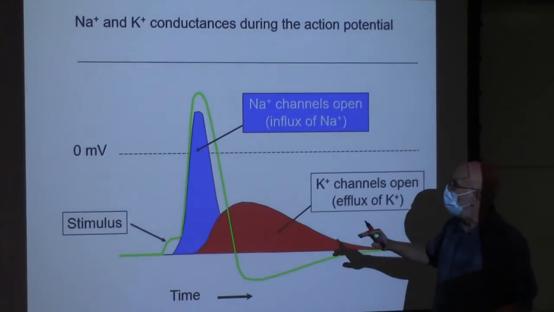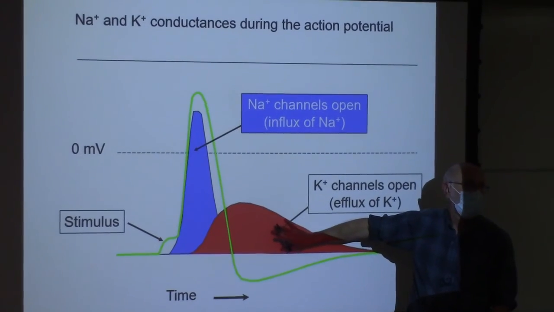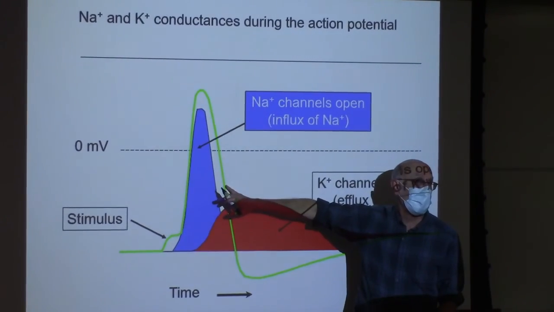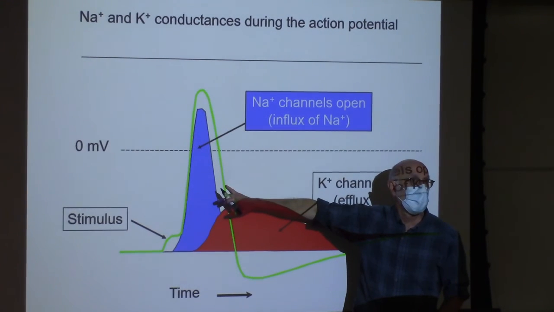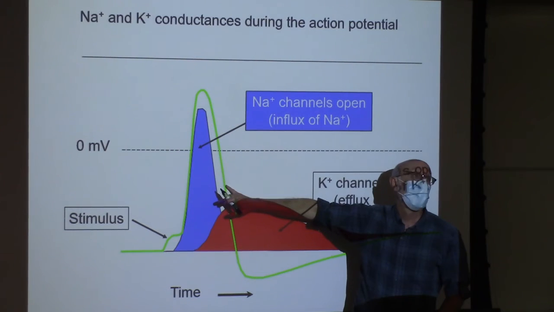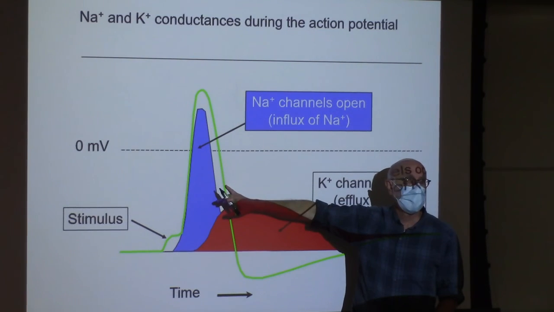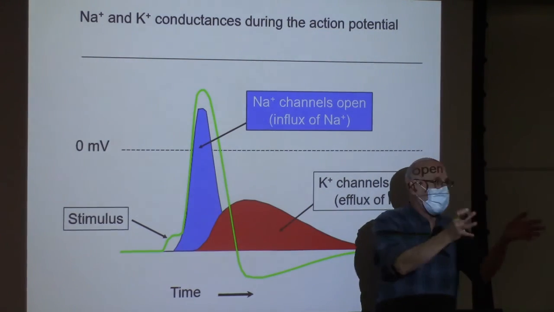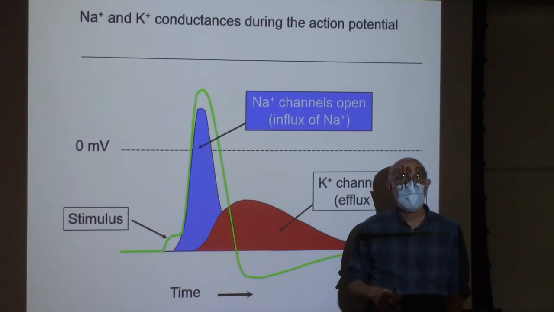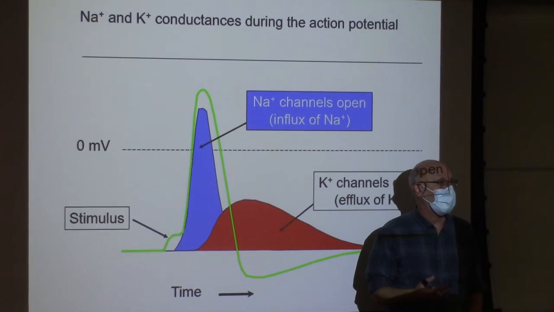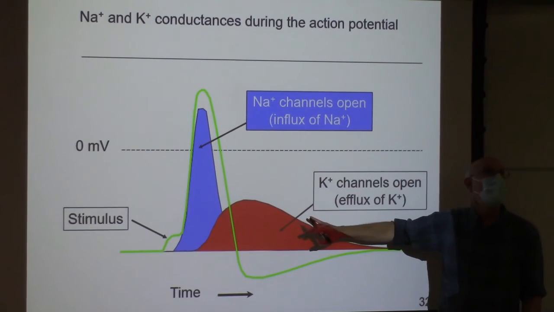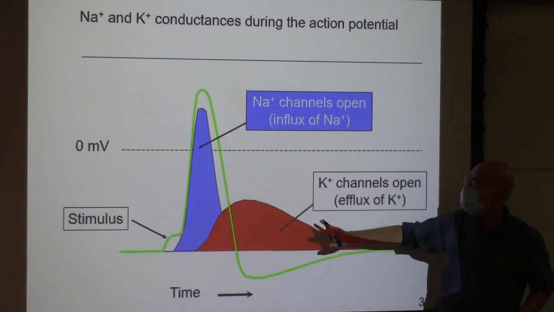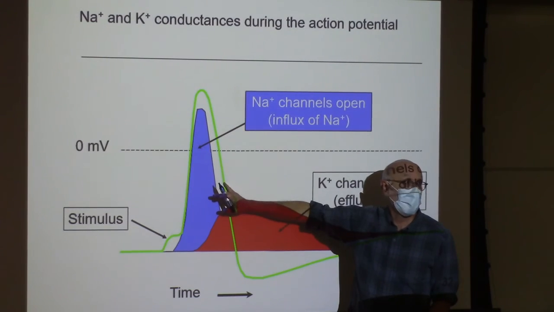It will happen, but why? You run out of sodium channels to be activated, the sodium channels are inactivated, and the leak channels, the resting channels, are still there. So there's always a way for potassium to get out. It's just that these voltage-gated potassium channels assist and accelerate the repolarization.